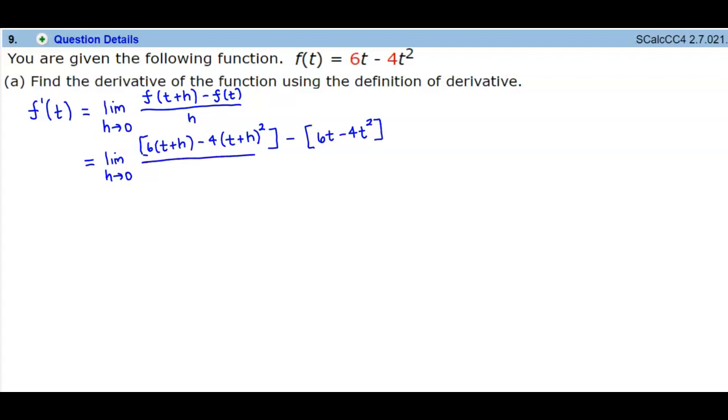And then we're going to divide that whole thing by h. So now we have the limit as h approaches 0.